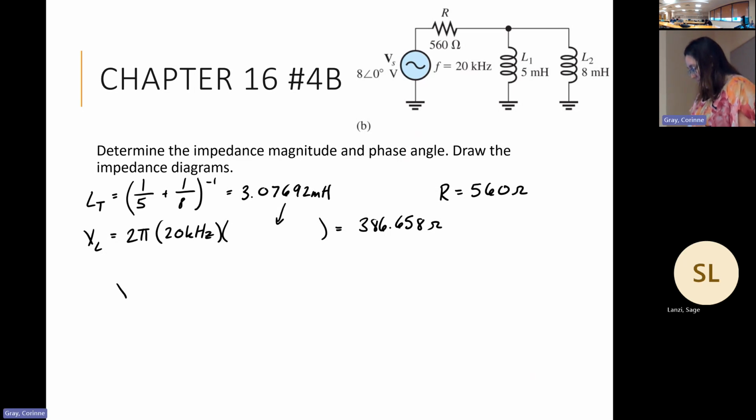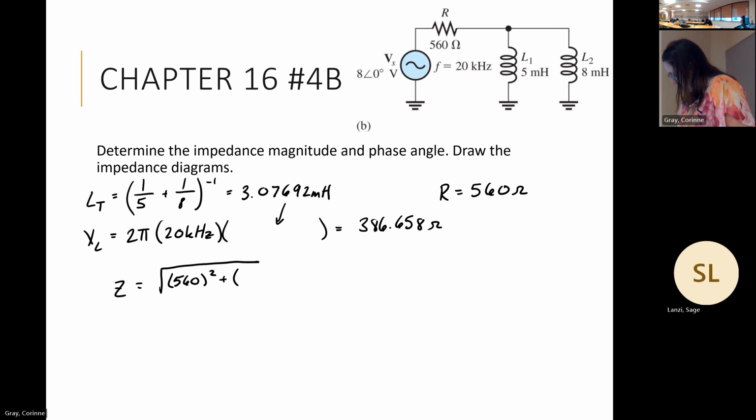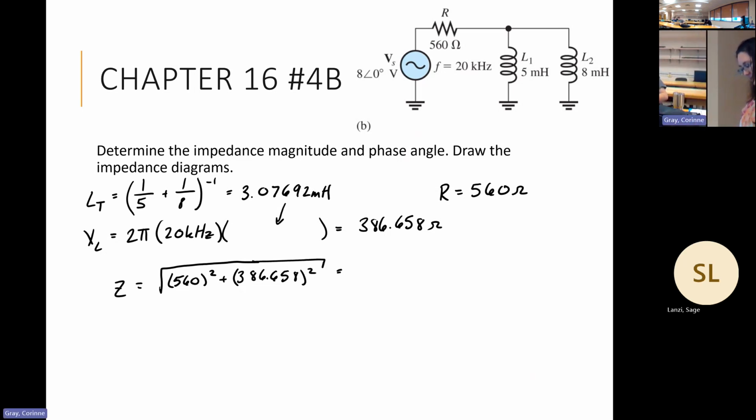So for Z, I'm going to have those values squared. Taking this and plugging it in, I got 680.5175 ohms.